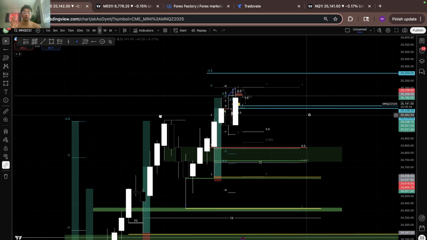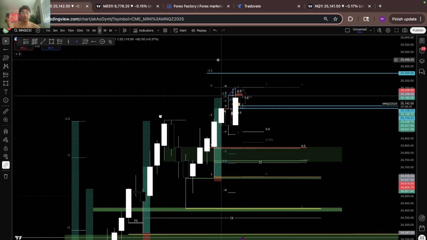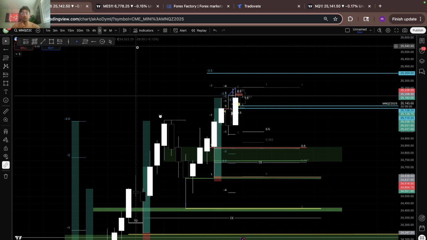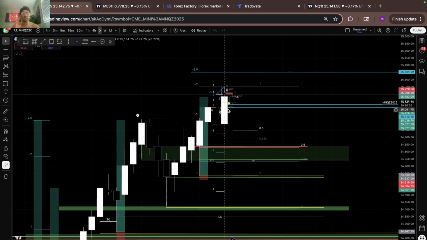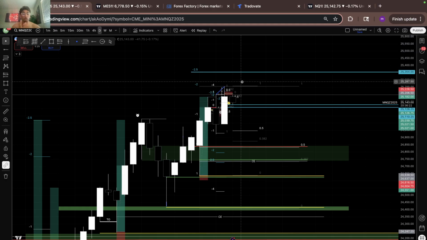For example, the trade I took today was an ERL to IRL trade. Why is this an ERL to IRL trade? Because we swept previous day high, which was all-time high, so we're at ERL. And because we're bullish on the high time frame, if we're sweeping buy side, then we're going to go bearish to find IRL.